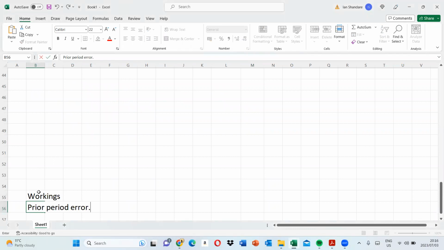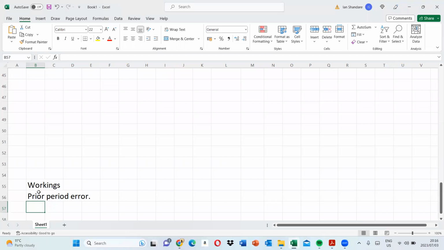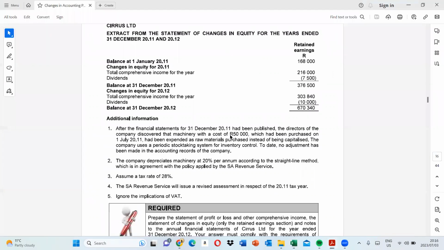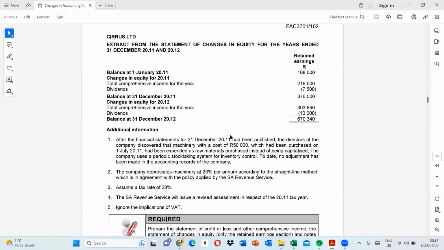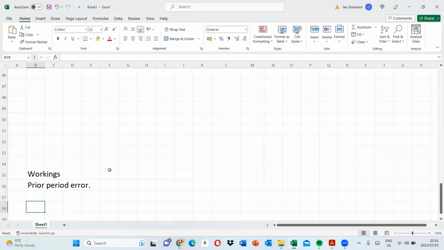So you're thinking through things. You want to understand what is going on in terms of your error. This amount was recorded in inventory at an amount of 50,000 in 2011. So how is this going to affect our statement of profit and loss?